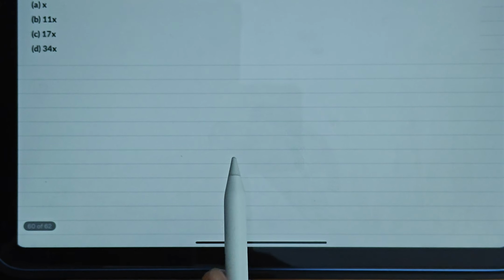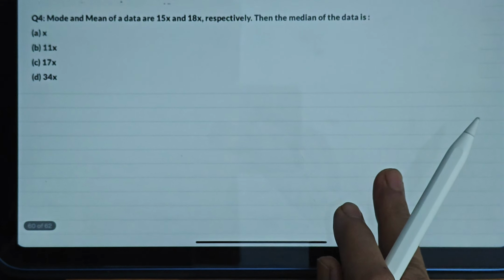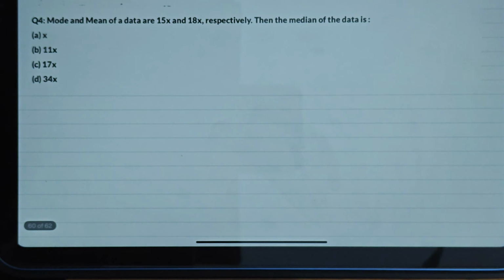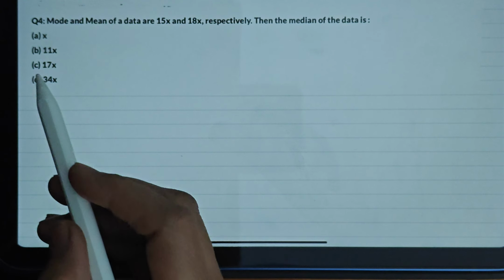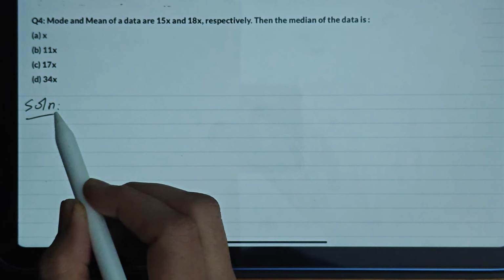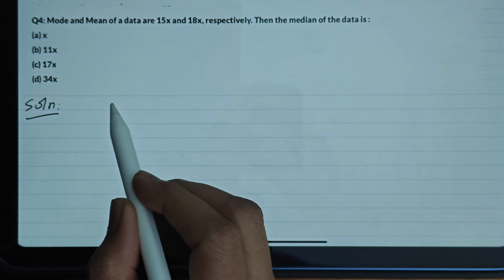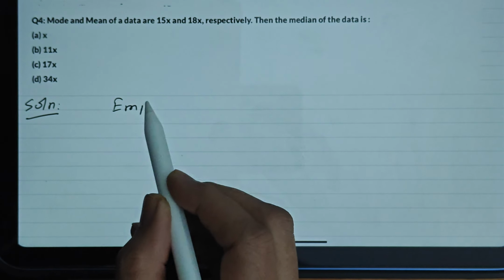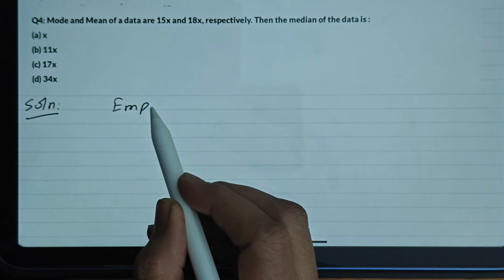Now come to the fourth question. Mode and median of the data is this. Now in this question you have to use the empirical formula. You must be aware of this.